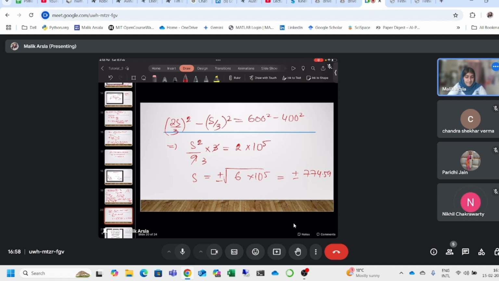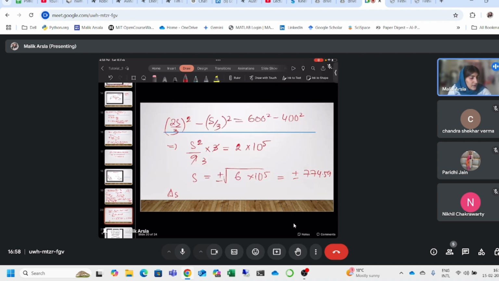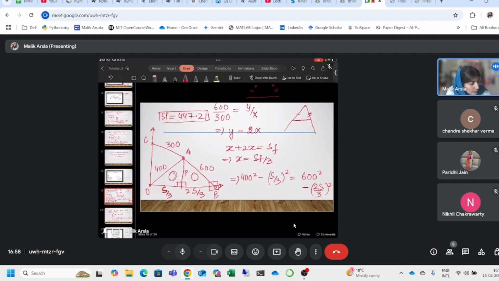Yes, ma'am. So now we were asked about delta s. Our initial s is 447.21, and we have to calculate the positive x because it is moving in that direction. So it will be 774.59 minus 447.21.